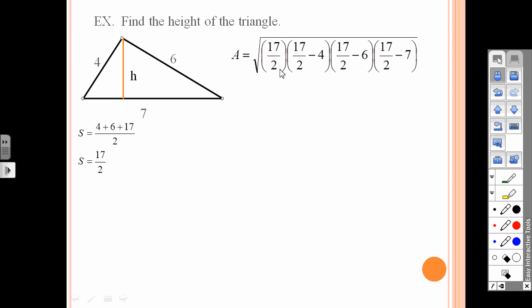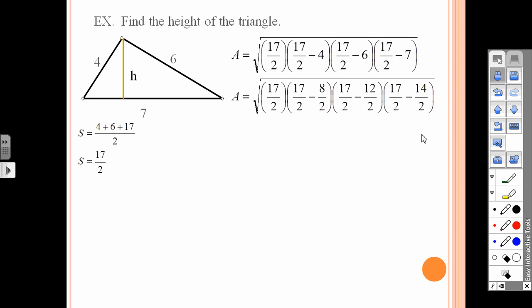Now, we're not going to convert these into decimals. We're going to leave this as fractions. So that means to combine our fractions, we need to rewrite 4, 6, and 7 with a denominator of 2. Then we can subtract.